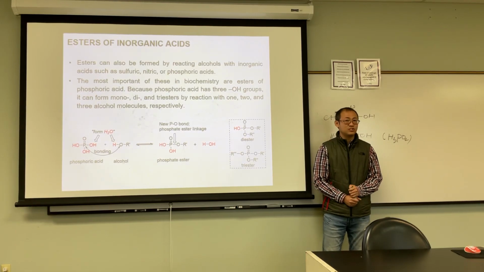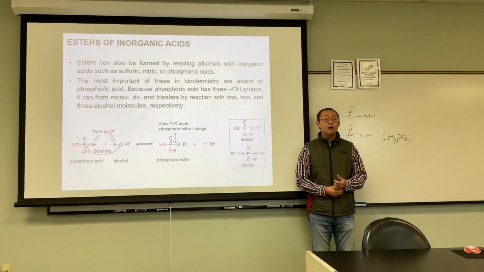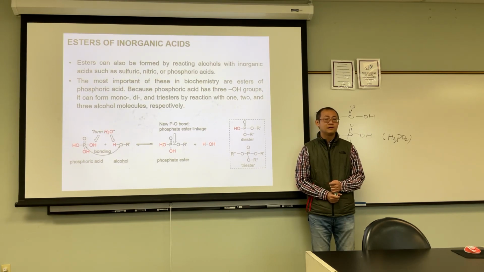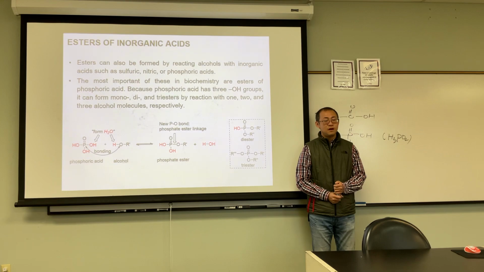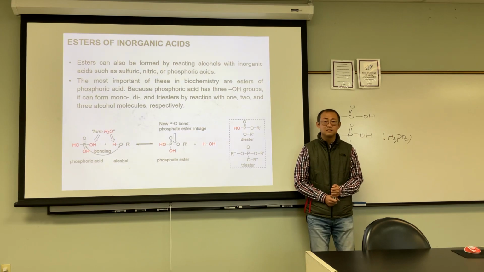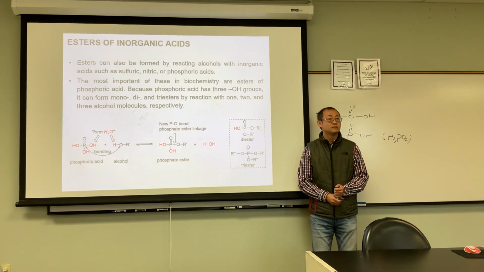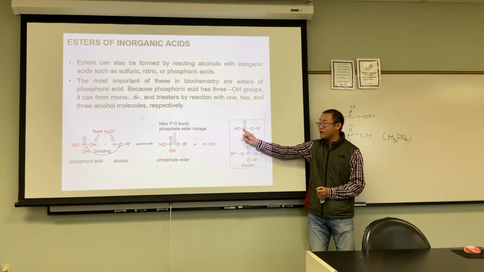Okay, phosphate esters, especially monoester and diester, are extremely common in our biological system. We will see that in chapter 7. I'll give you one example right away of phosphate monoester. And in chapter 11, when we study nucleic acids, DNA and RNAs, you will find out our DNA molecule is built on phosphate diester bond. Our DNA molecules are linked by phosphoric acid.